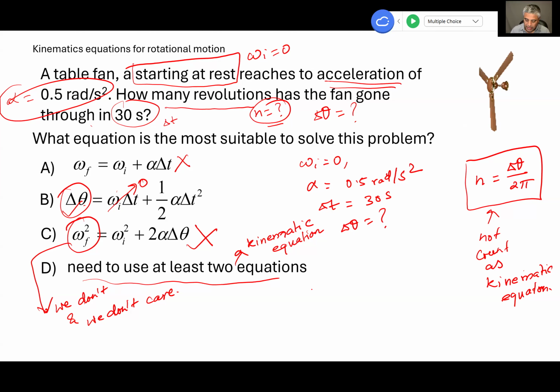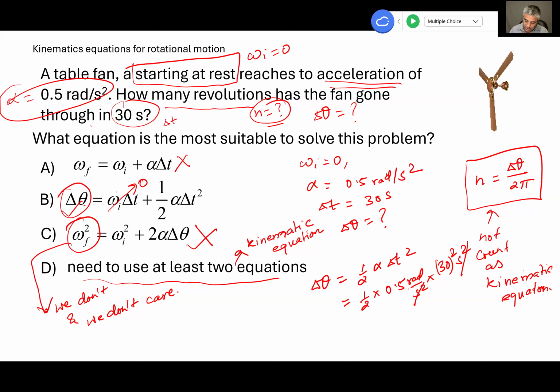Once you have that, you can do this. Since the initial velocity is 0, it is just half alpha times the time interval squared. So half alpha is 0.5 radian over second squared, times 30 seconds, so 30 squared, and the second squared cancels.